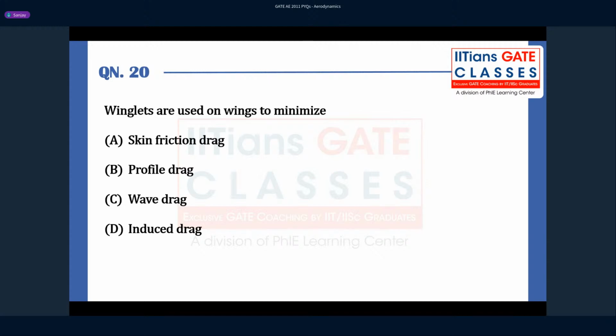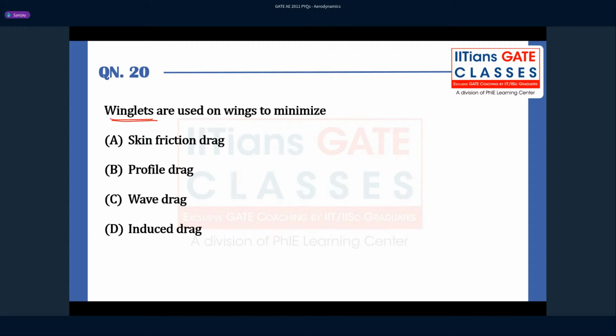So you see the next question is winglets. Winglets are used on wings to minimize what, right? So what are winglets, guys? Have you all seen winglets on aircraft wings? Can you tell me where winglets are located on an aircraft wing?